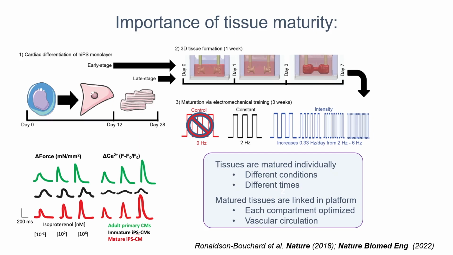So I mentioned for the heart that we are maturing the heart muscle. We are forming it from very immature cardiomyocytes. These are nascent cells that are committed but just start beating, contracting. This is around day 11 or 12. And then we subject it to a regime of very strict exercise.